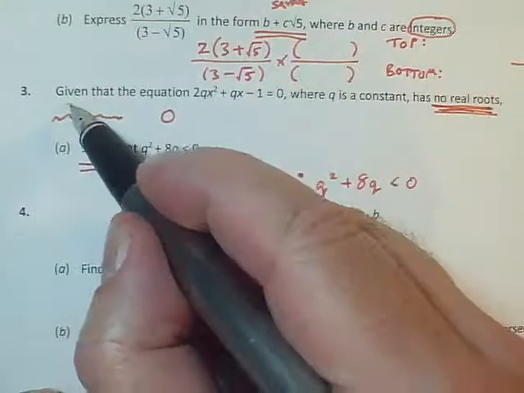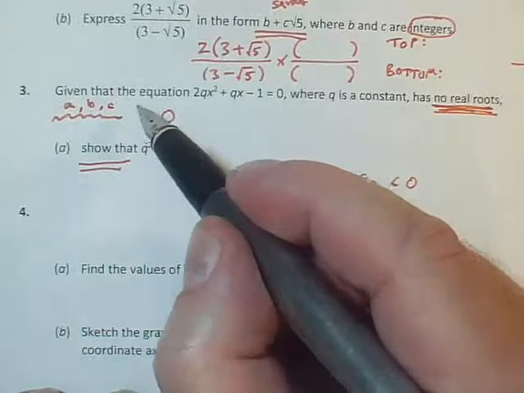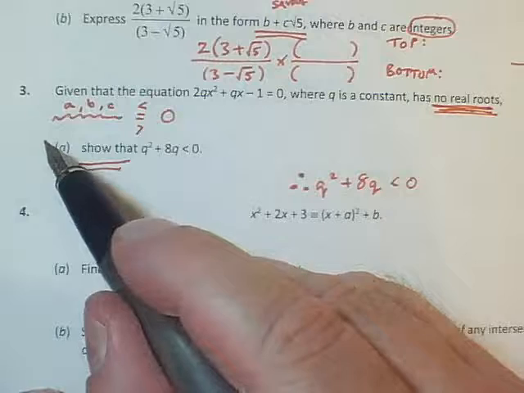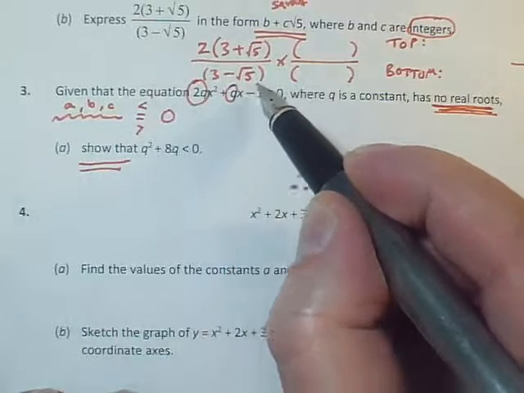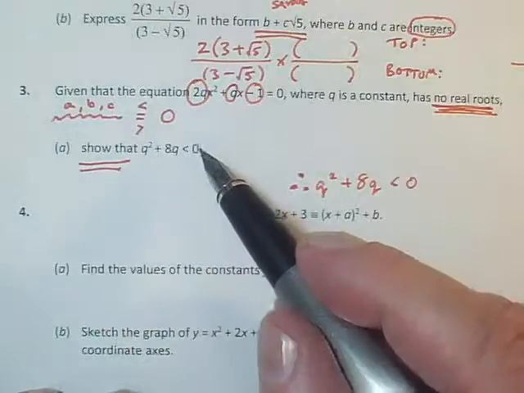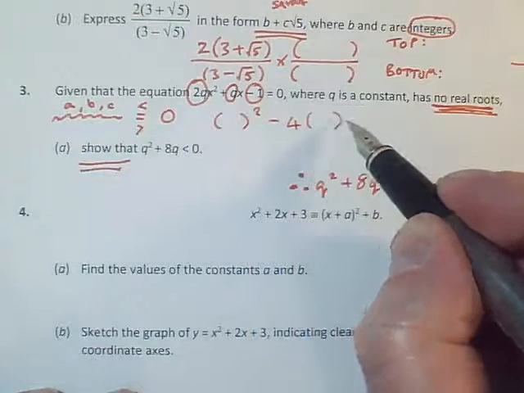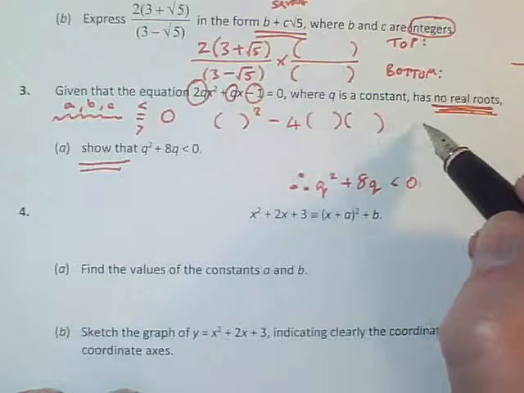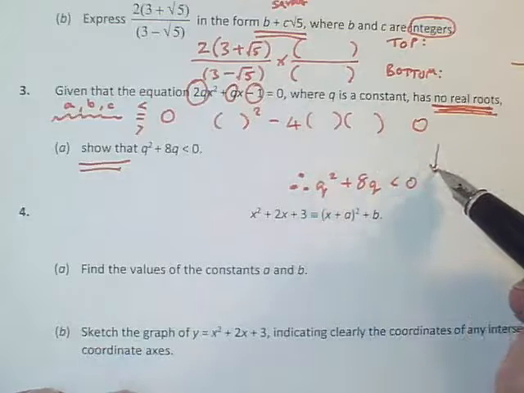So I want to see this has got A, B and C in it, but it's not A, B, C. It's something else. And this is either less than or equals or greater than. And you write that down and you work out what your values of A and B and C are, and you substitute them into this discriminant, and you have something squared minus 4 times something, and you have greater than or less than or equal to 0, and you multiply this out and rearrange convincingly until you get to that.